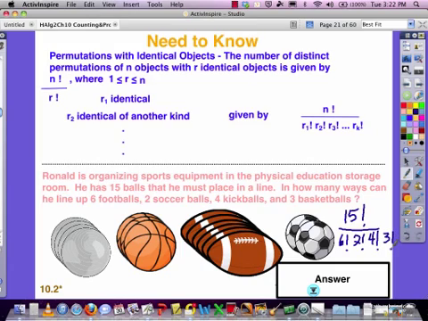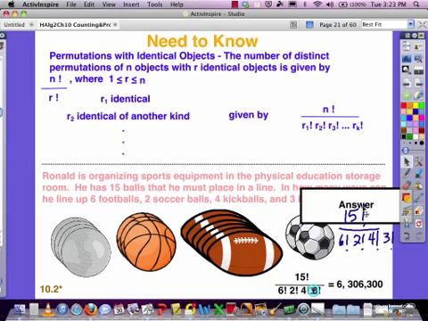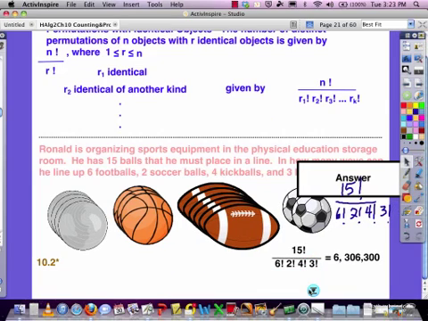So if we set that up as our work, and again, if you were doing an arrangement, you'd have to call them football 1, football 2, football 3, football 4, football 5, football 6, so you knew which one was going in which slot if they asked you to write the arrangements. But go ahead and do that math. And we should be looking at 6,306,300. Wow, it's exactly the number we had.